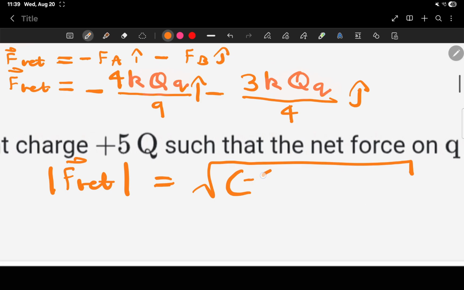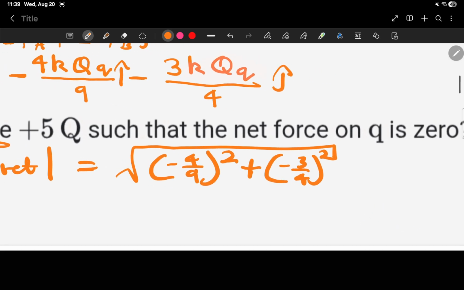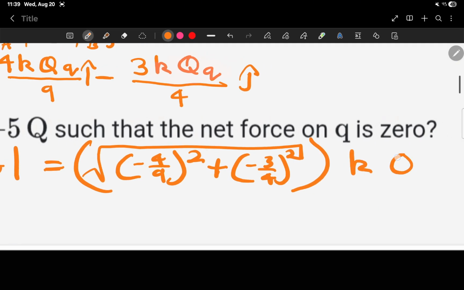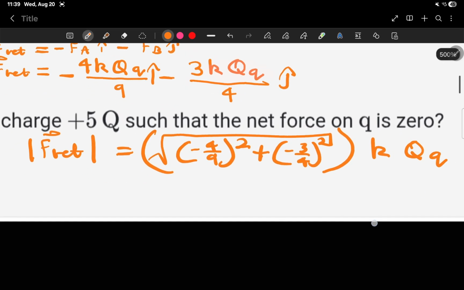So the x component is -4/9, and we leave that factored out. We don't really care about the k, big Q, small q in this type of question. But in reality, when we factor that out, we just leave it on the side, like here. Small k, big Q, small q, sorry.